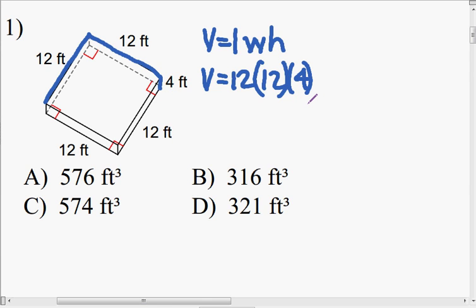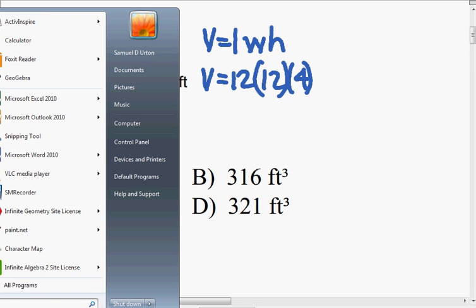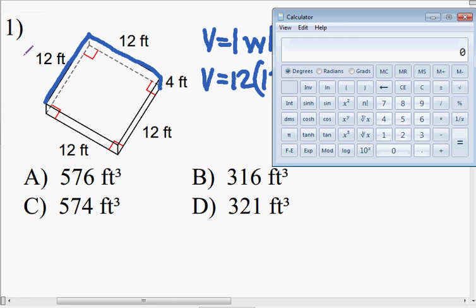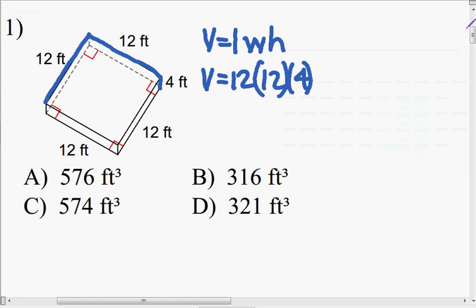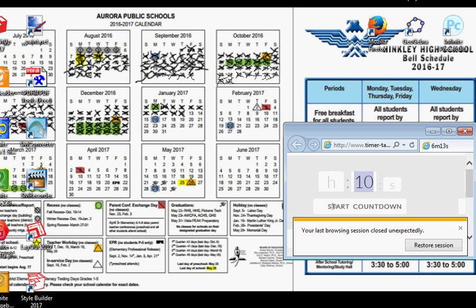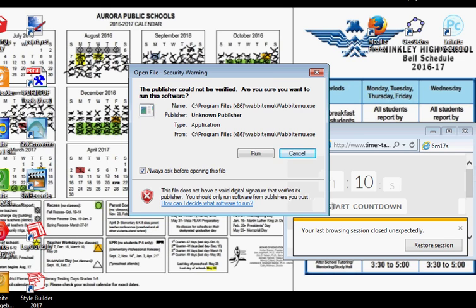So my volume is... let's use the calculator that looks like the one for school.